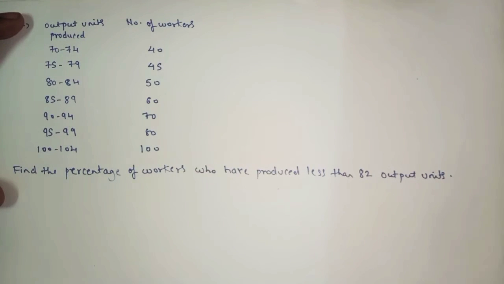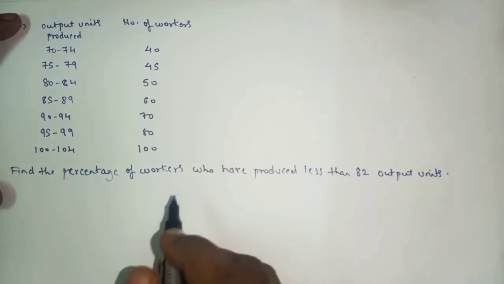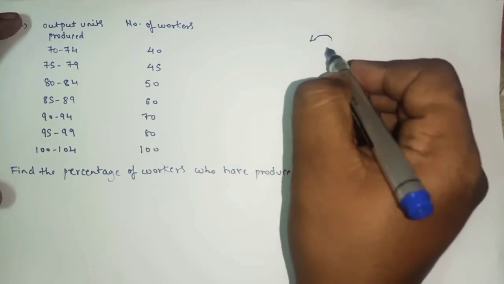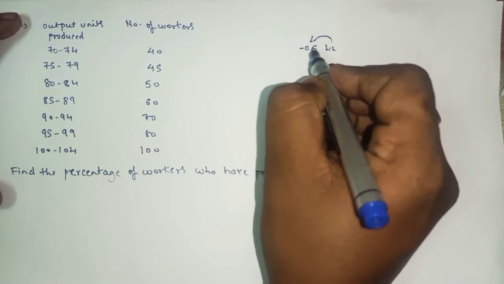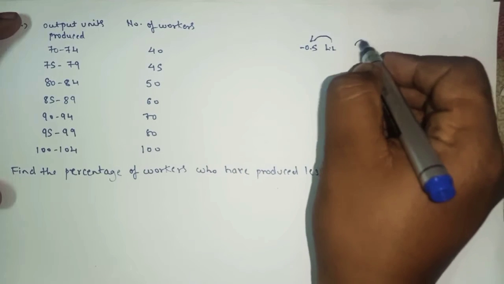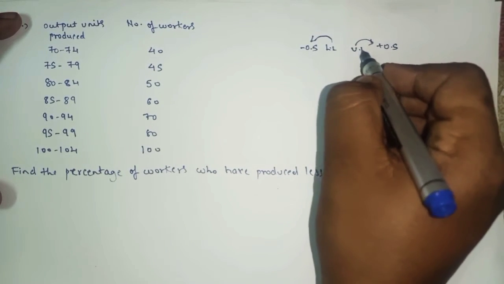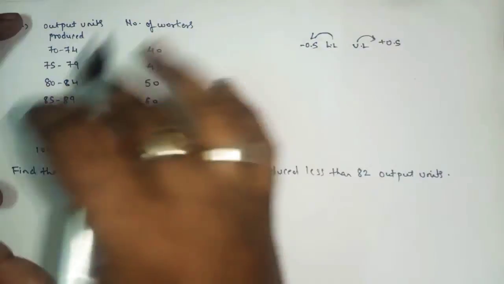To convert an uncontinuous class to continuous, simply subtract 0.5 from the lower limit, and add 0.5 to the upper limit. In this way you can make your class continuous.